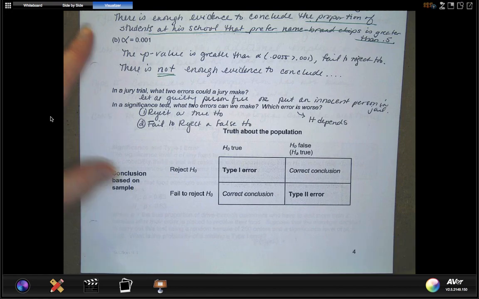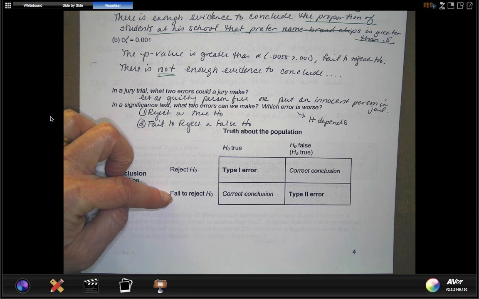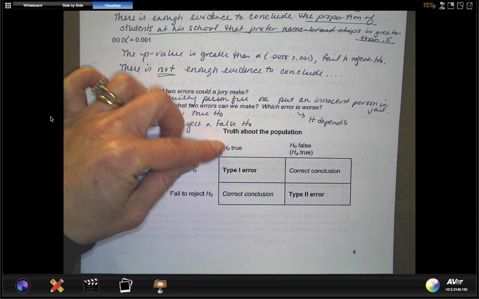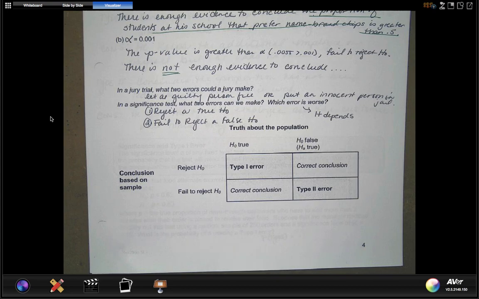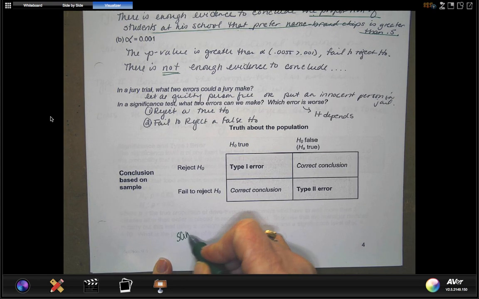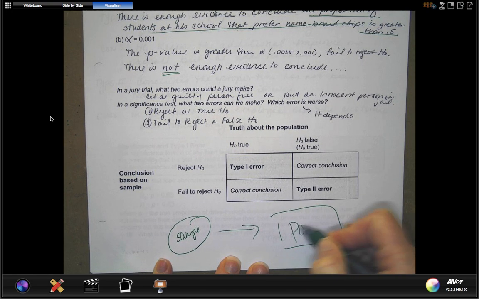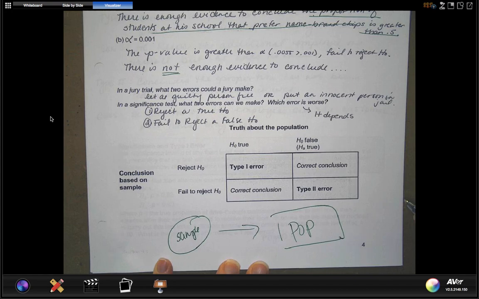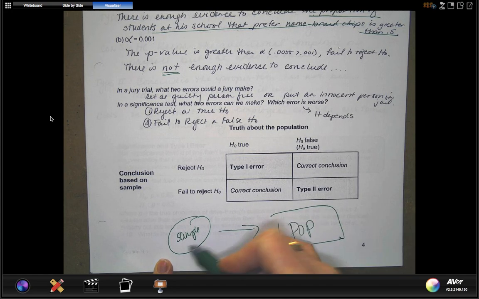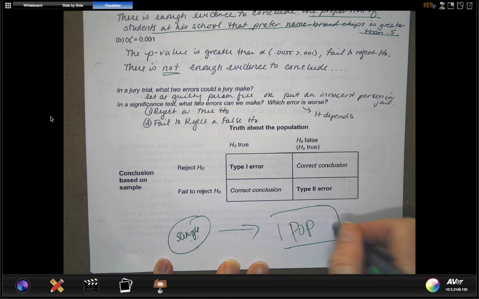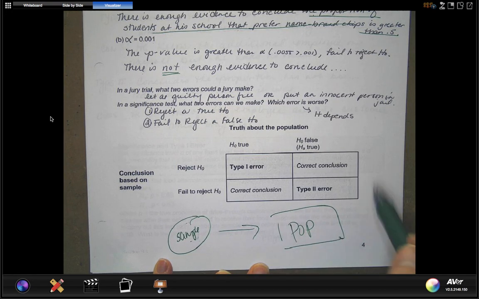This chart right here, you just want to memorize or remember. You've got your conclusions, reject H0, fail to reject, and what's actually true. Remember, we are taking a sample and trying to infer something about the population. We can be wrong, because the sample is not exactly the same thing as the population. There is a chance that we made an error, and we're not going to know if we made that error or not.